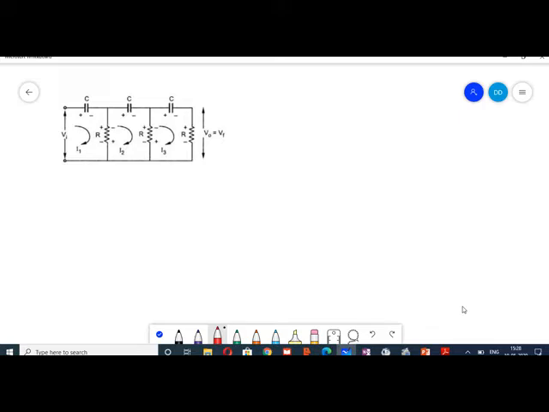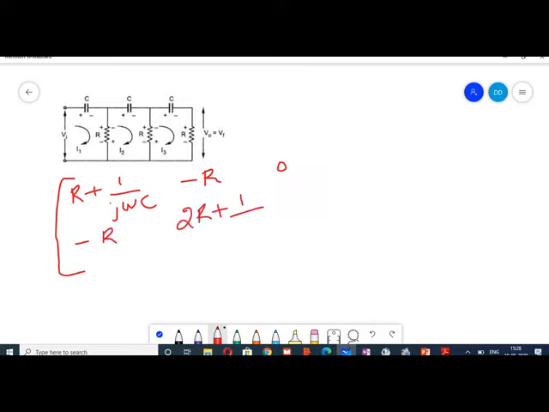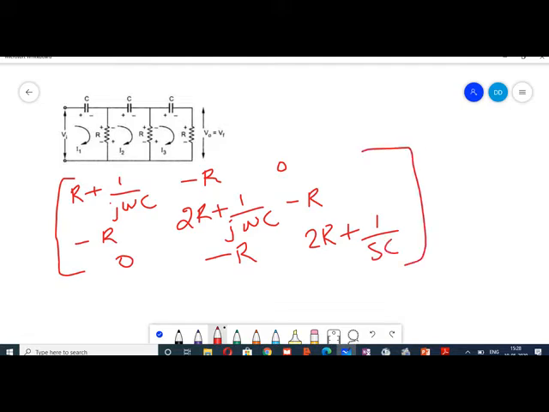So writing those three equations in matrix form, we get R plus 1 by j omega C, minus R, 0; minus R, 2R plus 1 by j omega C, minus R; 0, minus R and 2R plus 1 by sC.